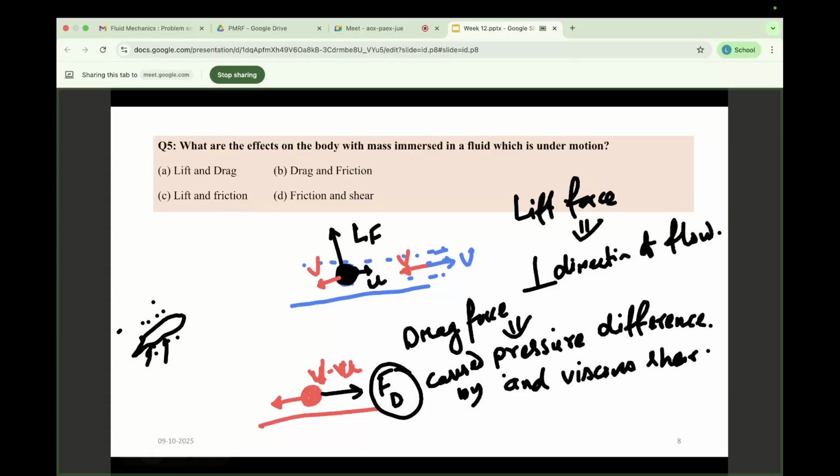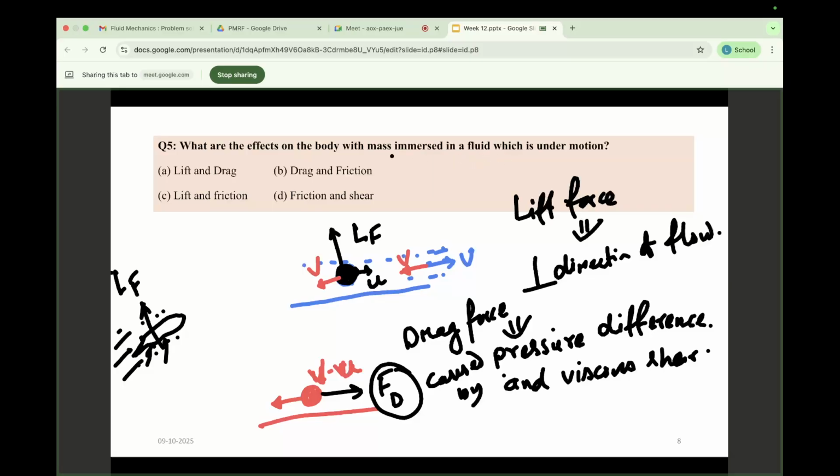It will move it upward. That is the concept. The air is always flowing in this direction, right? So because of this air, this bottom side will experience certain pressure which is more than this one, and this will uplift the flight. So that's why this lift force always acts perpendicular to the direction of the flow.